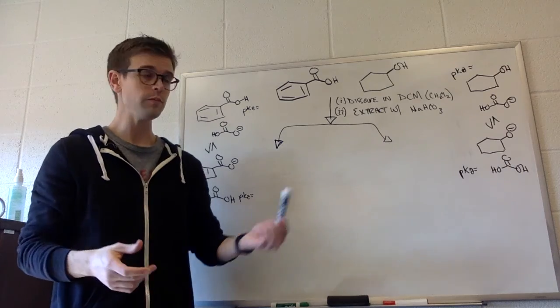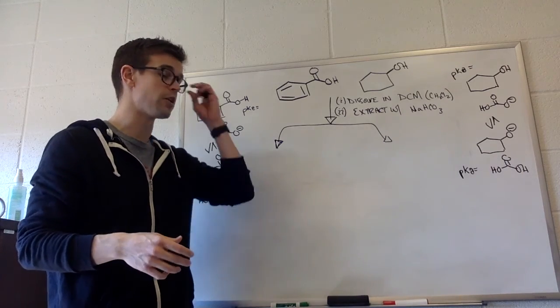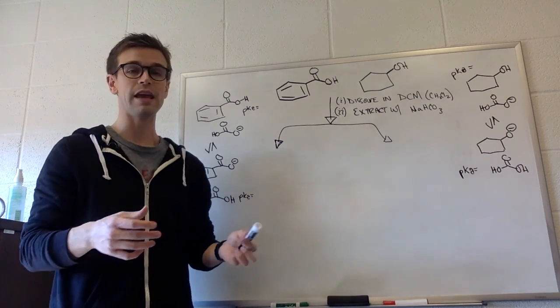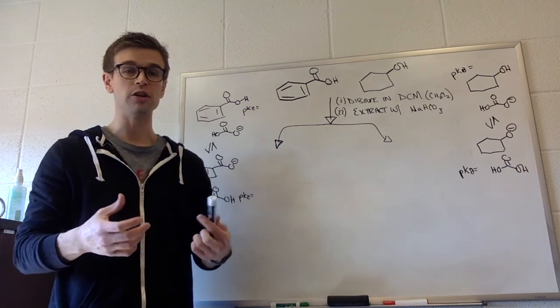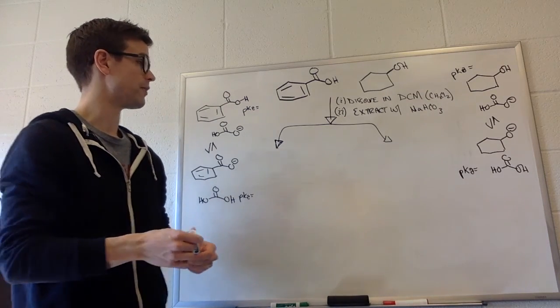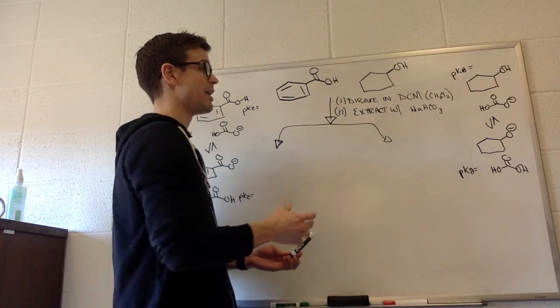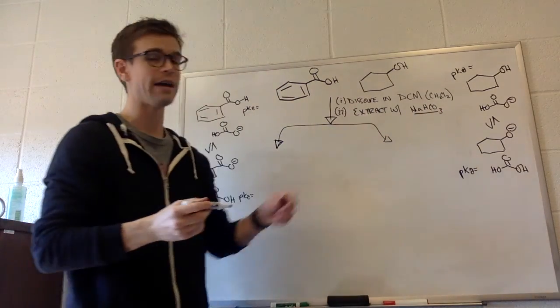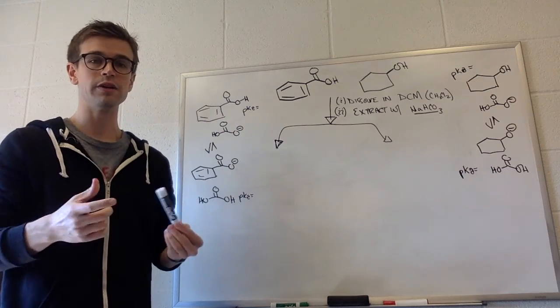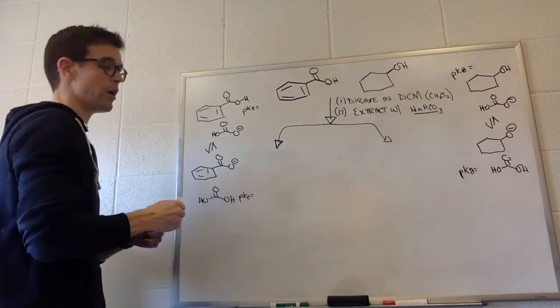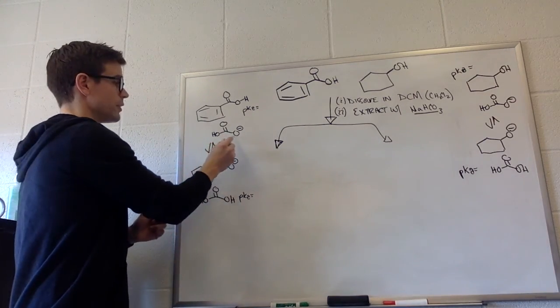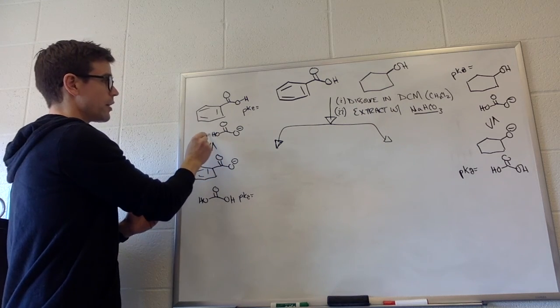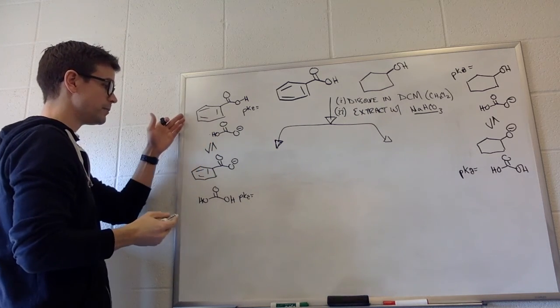But they may have different solubilities if we can make them charged. So the next thing we're going to do is add an aqueous solution of sodium bicarbonate to that organic layer. So what is the bicarbonate going to do? Well, bicarbonate is a base, so this is showing the bicarbonate with the carboxylic acid here.